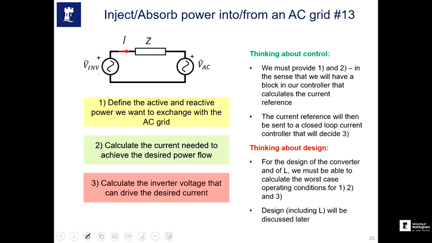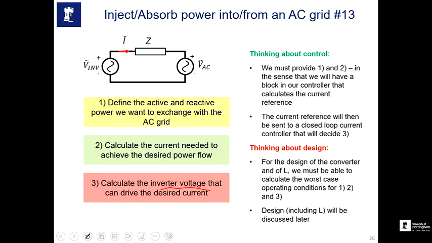And the third step, once you know the current magnitude and current angle, by looking at the circuit, whether you use the phasor diagram or simple circuit analysis, you will calculate the inverter voltage that you need to drive that current. And you can use your control circuit to generate that specific inverter voltage from your half bridge inverter or full bridge inverter.